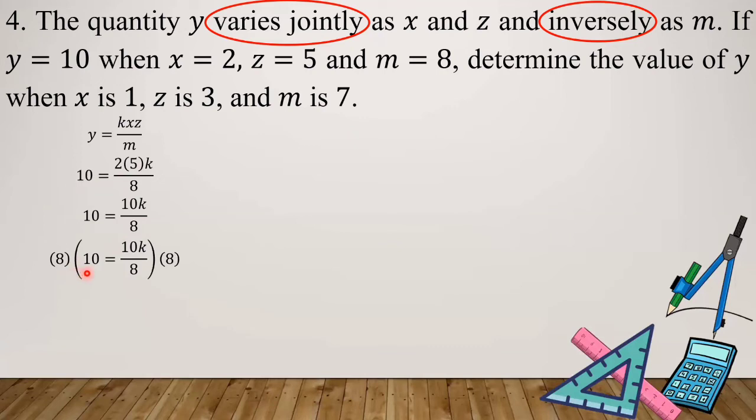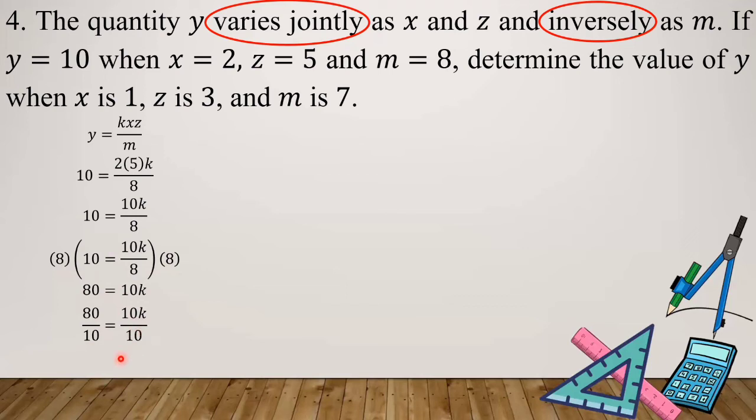So 8 times 10 is equal to 80. 8 times 10 or 10 times 8 is equal to 80 divided by 8 is equal to 10k. Then divide both sides by 10. So 80 over 10 is equal to 8. Then 10 divided by 10 is equal to 1.